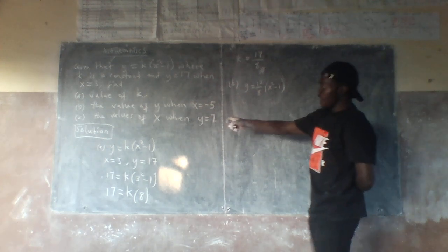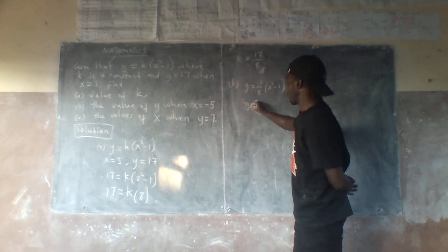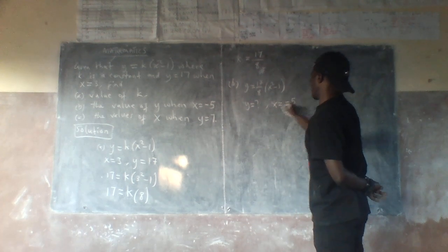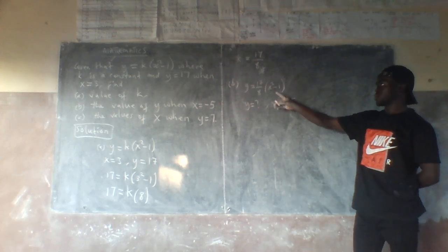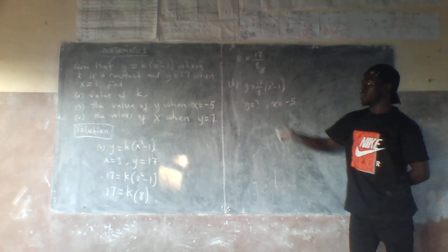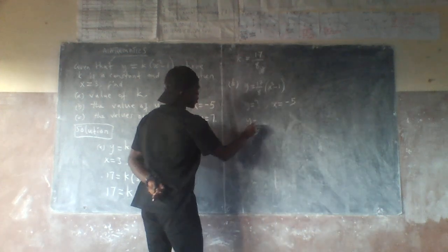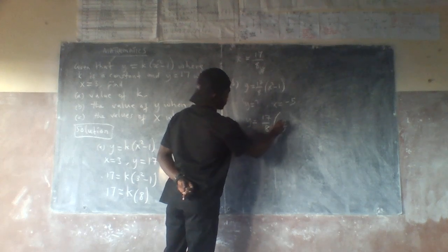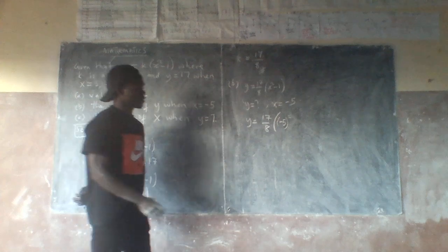From there now, we go back to the question. We are looking for y when our x is -5. So get your x and put it there, and then solve for y. So as we replace, we put it in brackets.